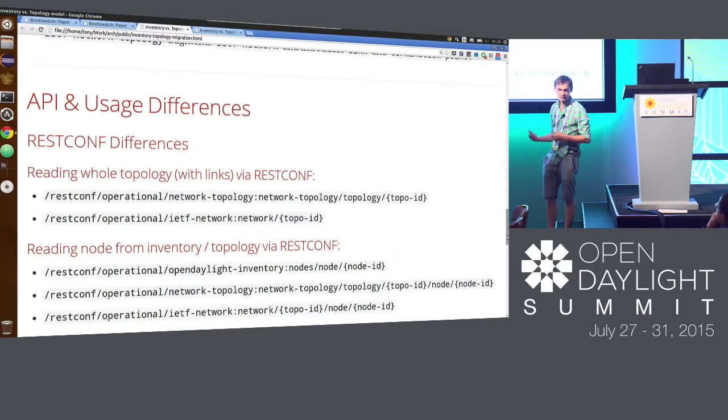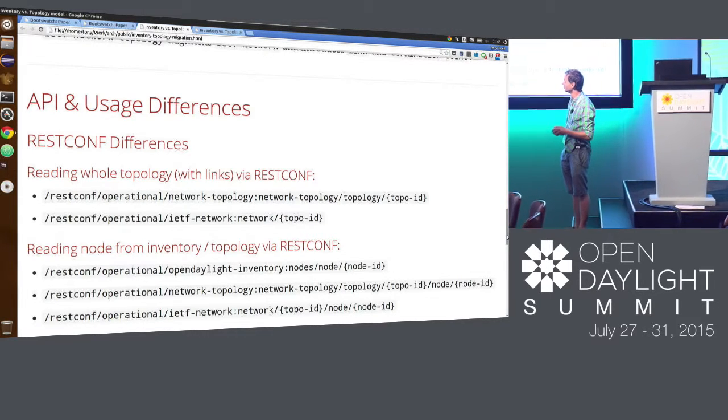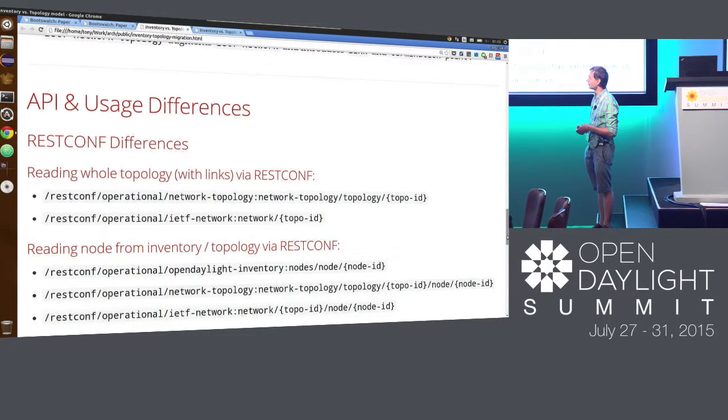With the newer model, it's much shorter: RESTconf / operational / ietf-network:network / network ID. For reading a node from the topology, you could see the difference. In the inventory model, it's RESTconf / operational / opendaylight-inventory:nodes / node ID.